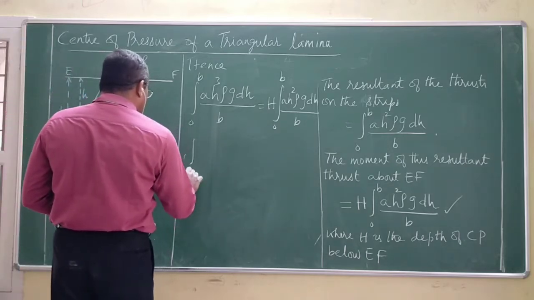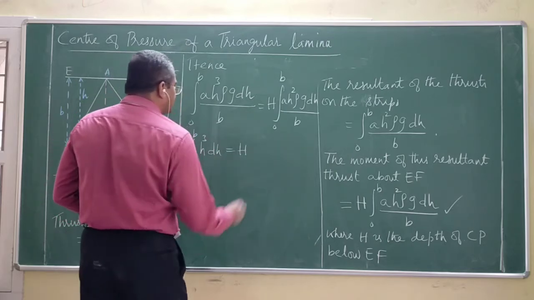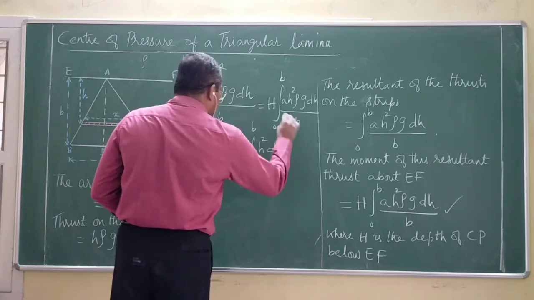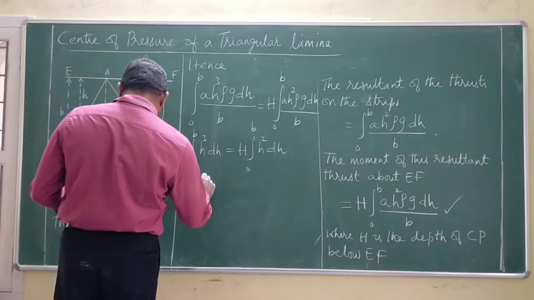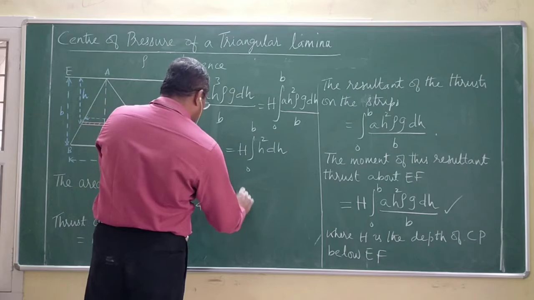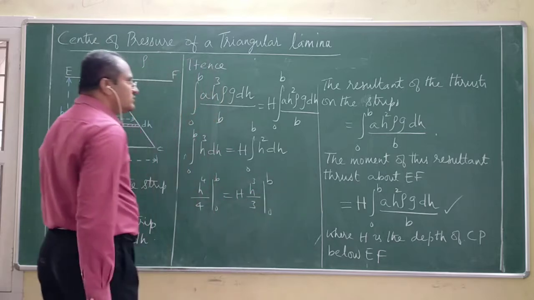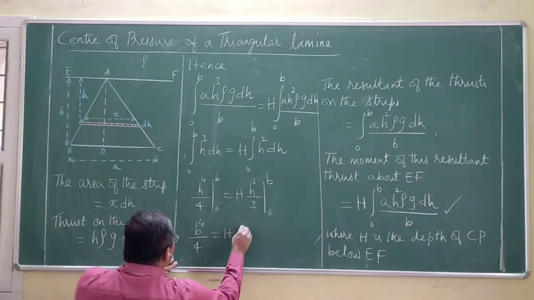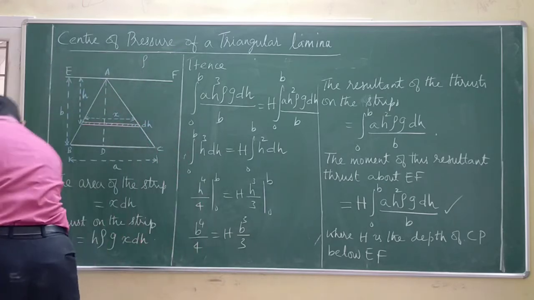Therefore, I will write it as integral 0 to b of h cube dh is equal to H integral 0 to b of h squared dh. Correct? Integrating this will give me h to the power 4 by 4 between the limits 0 to b, equal to H h cube by 3 between the limits 0 to b. This will be b to the power 4 upon 4 equal to H b cube upon 3. Is that okay to you?